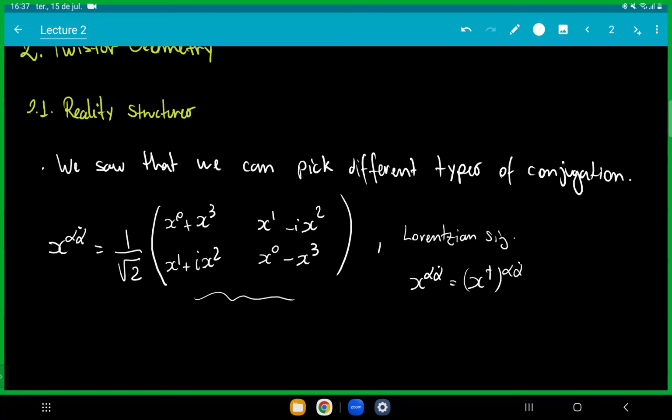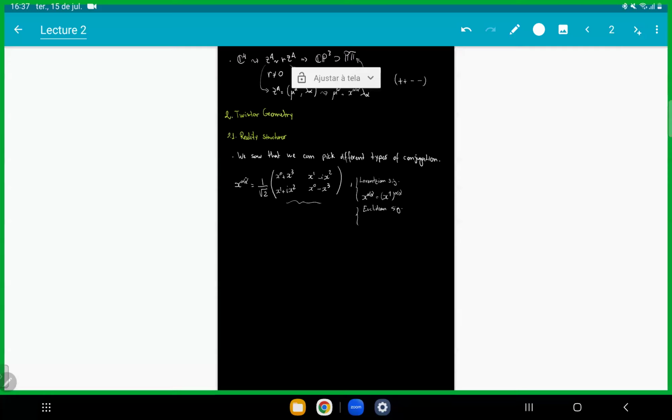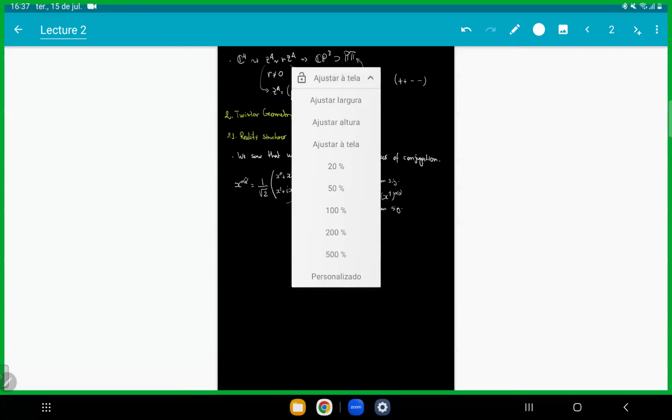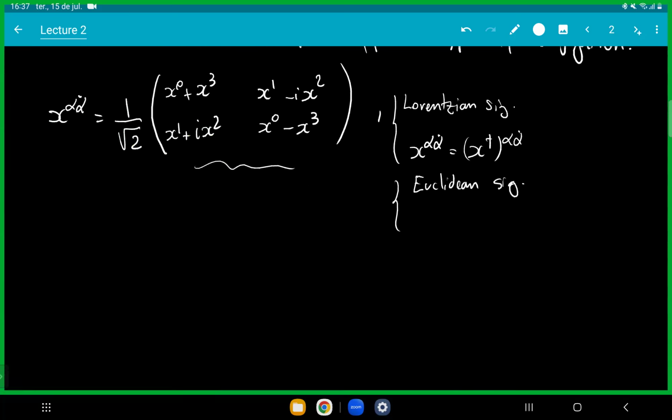That is a choice of reality structure. In the same way, we had the Euclidean signature, in which we imposed that this equals another conjugation, a funny one with a quaternionic nature.